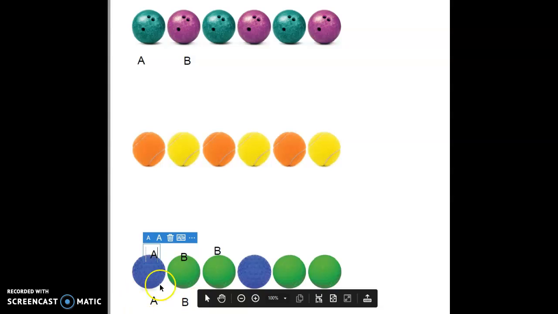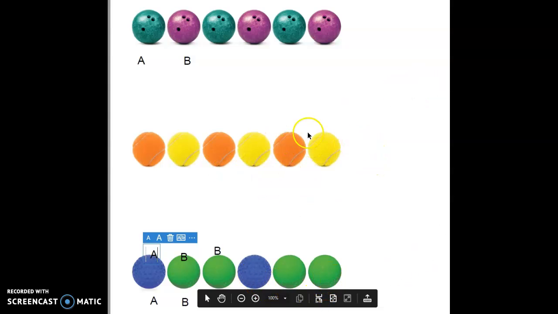Okay, so my pattern this time is A, B, B. The A represents the blue, and the B represents the green, and the green repeats itself, okay? And then the pattern starts over again. So A, B, B, A, B, B.